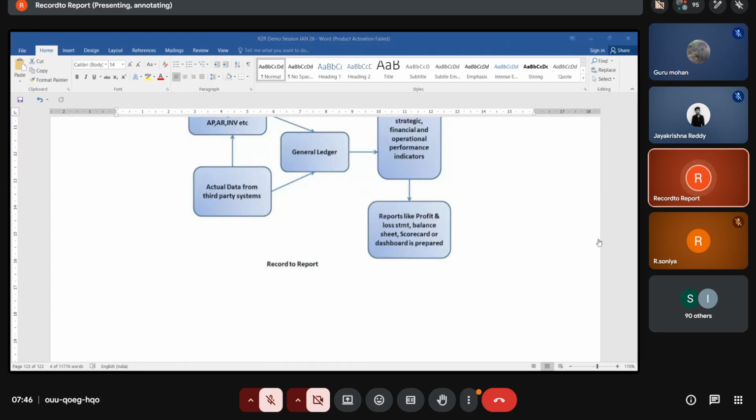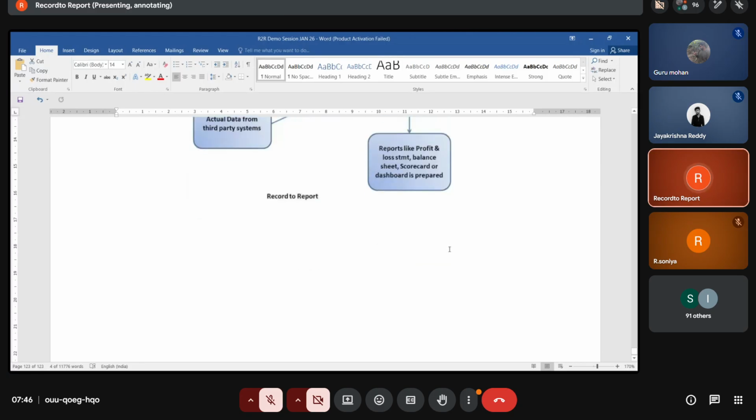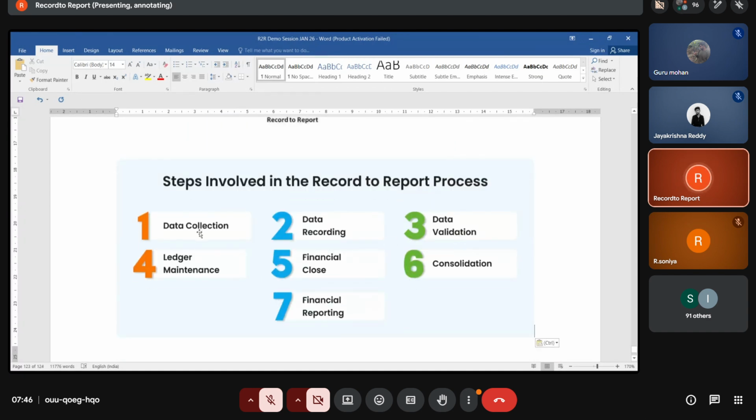Okay, R2R is one of the finance and accounting processes which involves collecting, analyzing, and delivering efficient financial reports to the management. See the step-by-step process, what it involves. The first stage is data collection. From whom will the data be collected? The data will be collected from the subledgers. Once it has been collected, what are they doing?